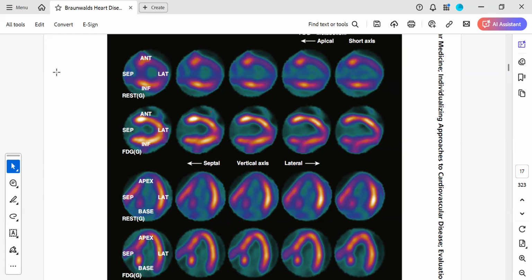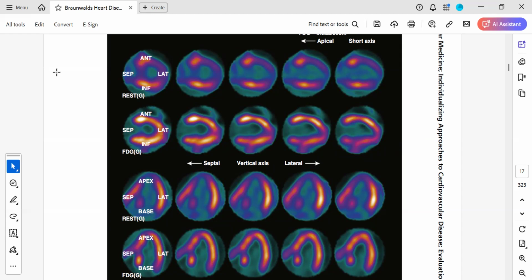So looking at this second part that is also showing the vertical axis, we have to also match the rest with the FDG one. Looking at it, we can also see evidence of mismatch from different aspects of the myocardium.